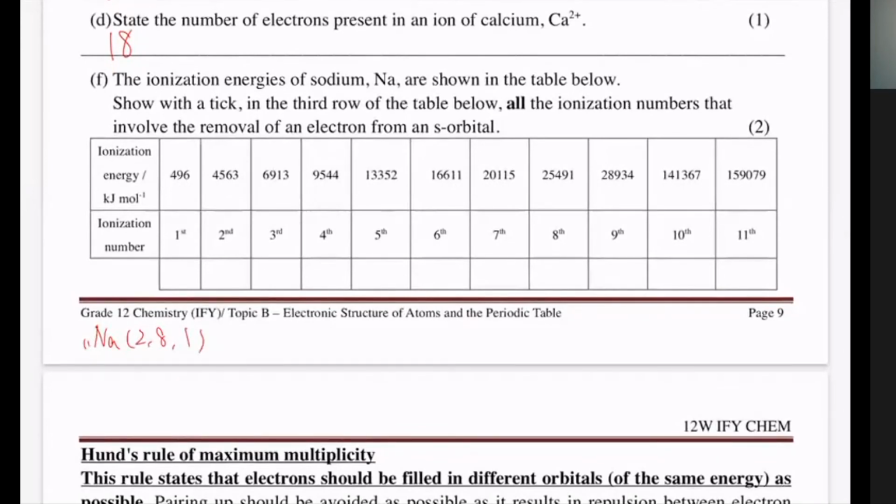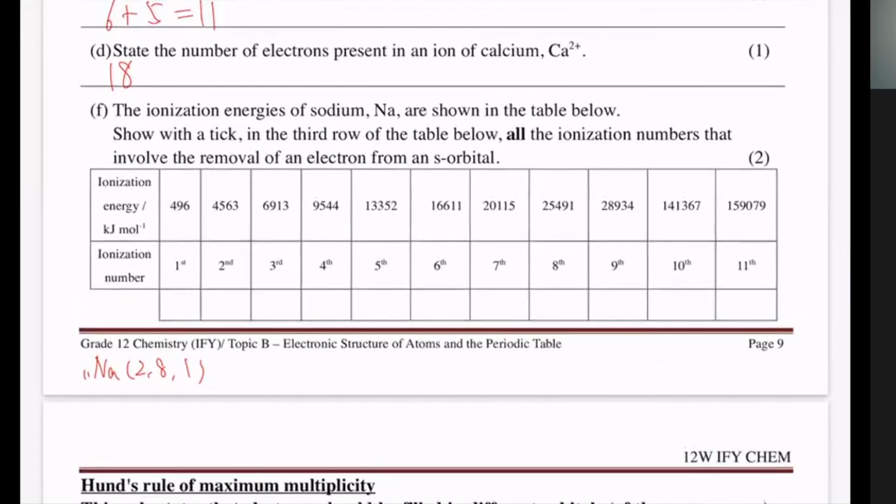And then in terms of SPD? 1s2, 2s2, 2p6, and then 3s1. Okay, so now in total you've got 11 electrons. The first one, which one are we removing among all those 11 electrons? The first ionization energy is removing the electron from where?